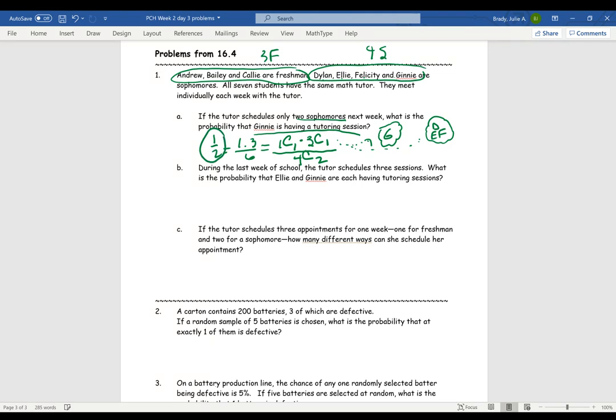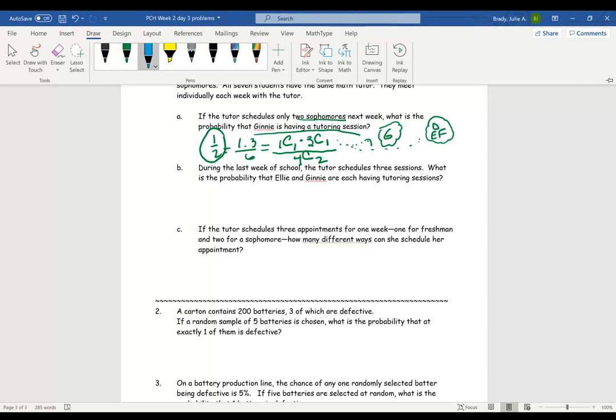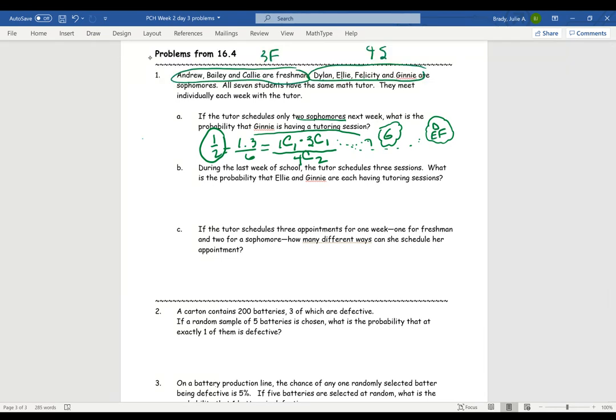You could do this one too by timesing. Well, let's imagine. Okay. So you walk up to the sophomores and you're going to pick 2. So first you pick Ginny, and then you would pick not Ginny. Then you need a multiplier because out of those 2, I want 1 to be Ginny.